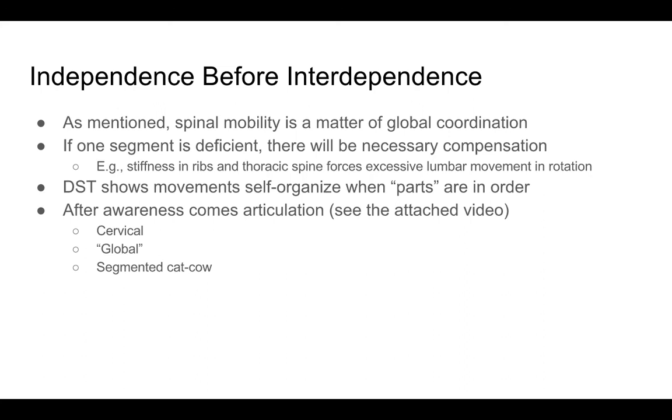Inside, we'll take a look at rotations of the cervical spine. We'll look at global shoulder rotations. And we'll look at a segmented version of the more familiar cat-cow, which helps us differentiate lumbar movement from thoracic movement from movement of the cervical spine.